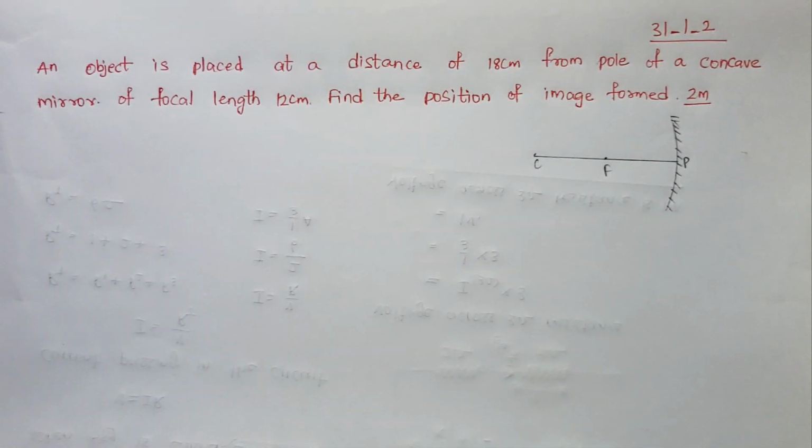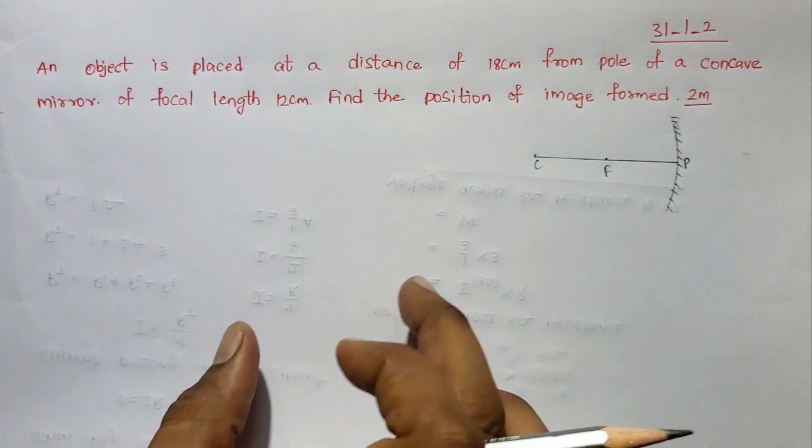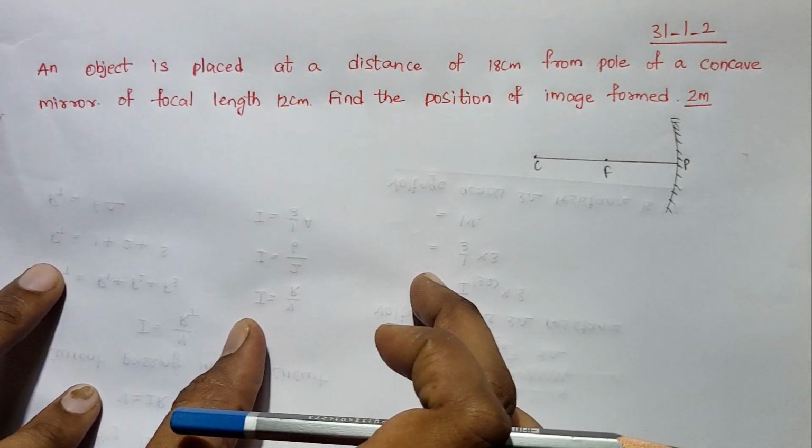See, whenever you are going to solve any question on concave mirror, convex mirror, concave lens or convex lens, which is going to use the mirror formula or lens formula, you imagine the ray diagram of that particular case, then you will be confident. So this is the importance of ray diagrams. You should know the ray diagrams very clearly.